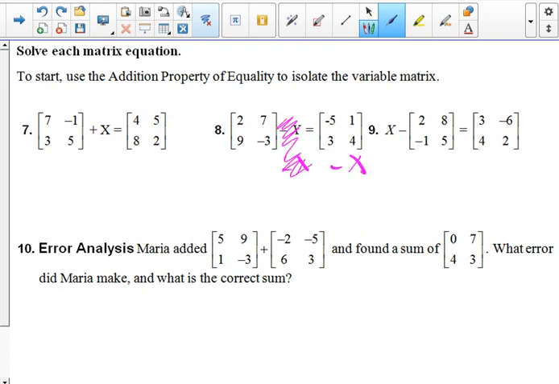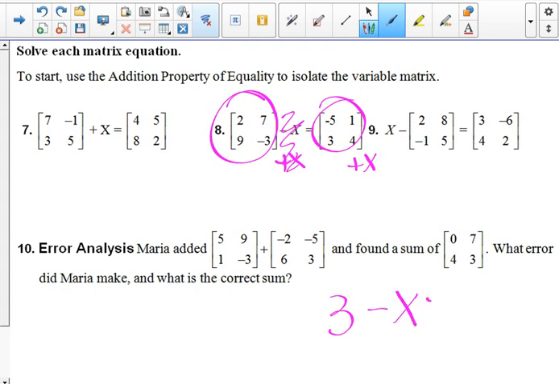And now I need to get rid of this. So now subtract this minus that is equal to that. So add x to each side. I think I said subtract, right? So you're going to have x equals this minus that. It's like saying 3 minus x equals 7.